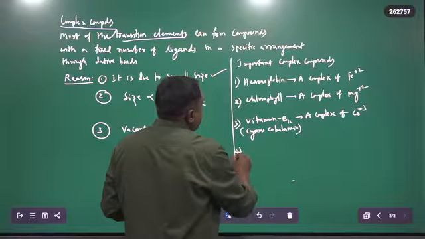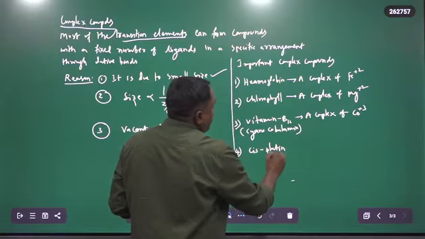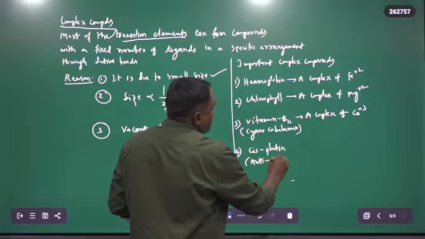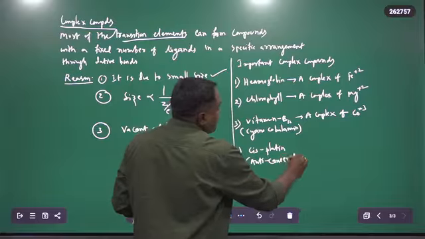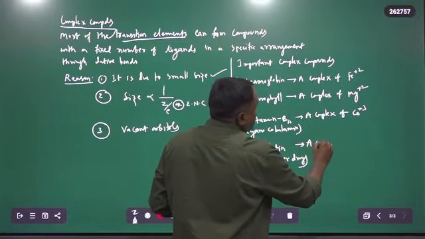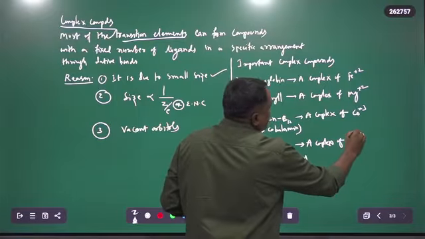And the fourth is cisplatin. Cisplatin is an anti-cancer drug. It is a complex of platinum plus 2.